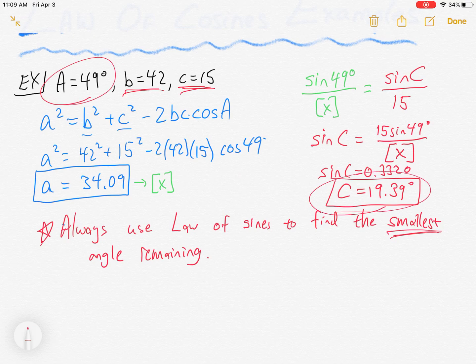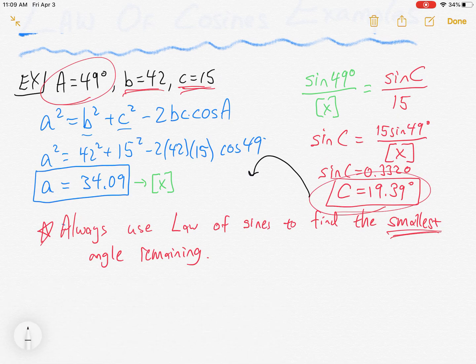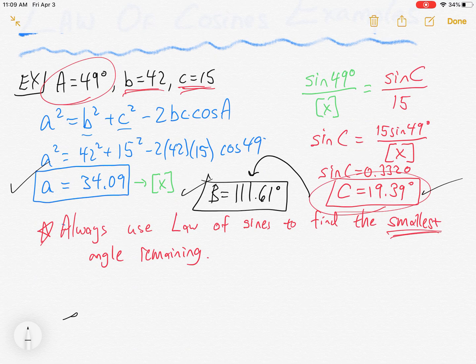There's angle A, there's angle C. So angle B would be, on your calculators, you can say 180 minus second answer, which is the 19.39, or you can put in 19.39 in this case because you're not multiplying it, minus 49, and I get 111.61 degrees.